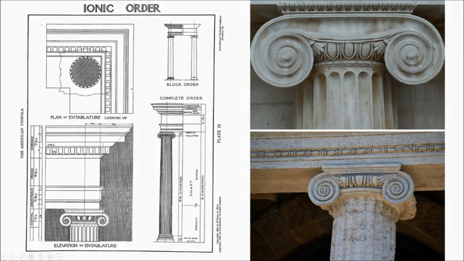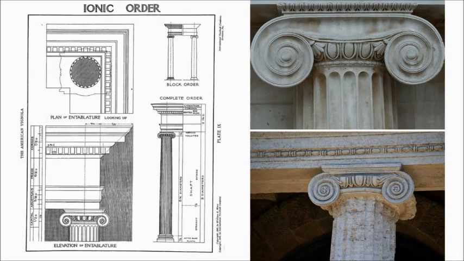But in particular, the one thing that you'll note is the Ionic order, unlike the Doric, has a column capital with these volutes, but the overall height of the column itself goes from 8 diameters for the Doric, and it becomes 9 diameters with the Ionic.